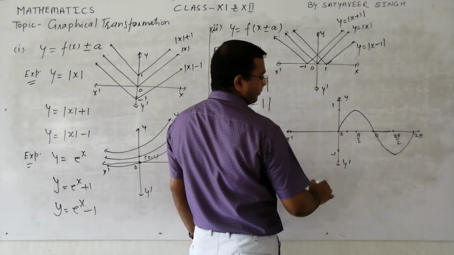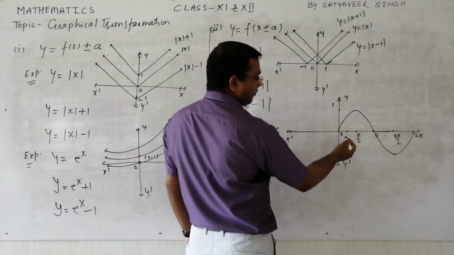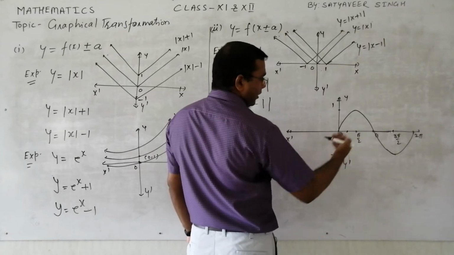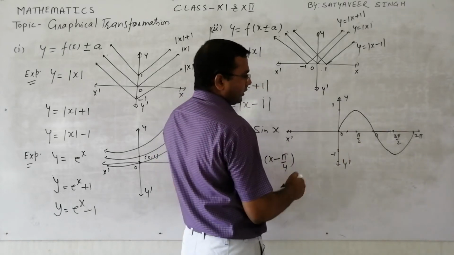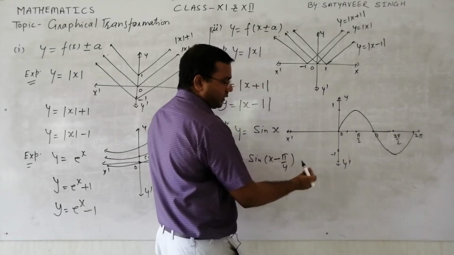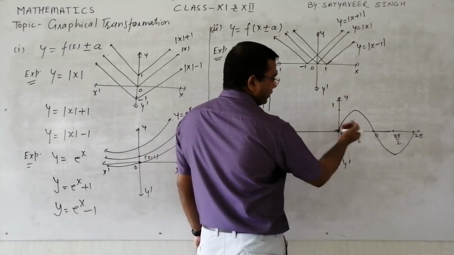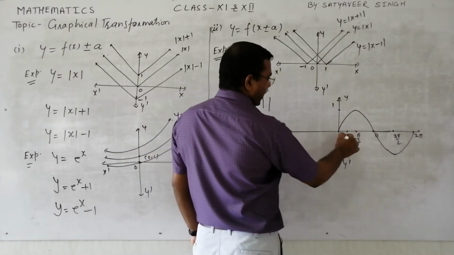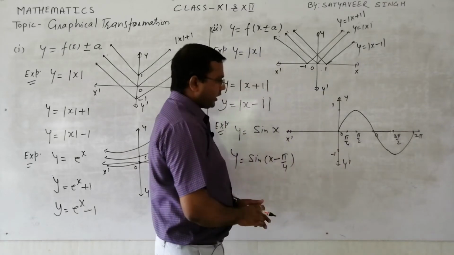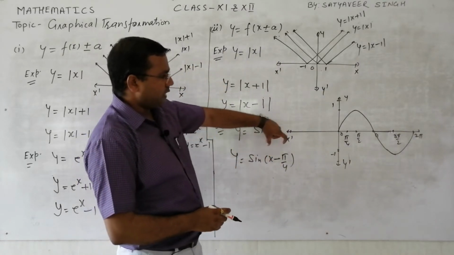This graph changes position, it moves on the x-axis towards the positive direction, and by how much? It moves π/4 units along the x-axis.